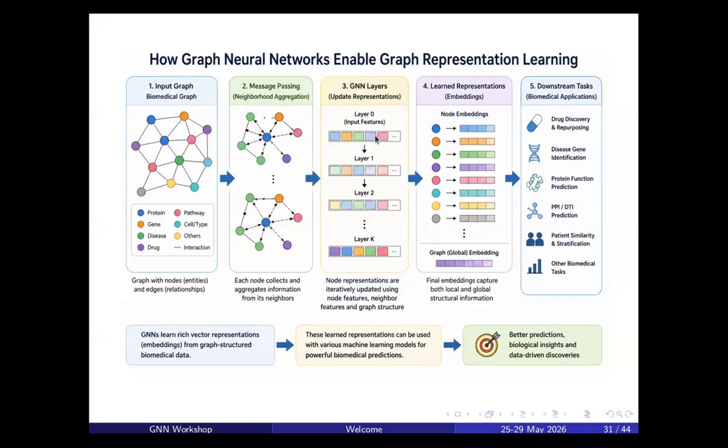At layer 0, we have an input feature. At layer 1, this will be updated through a neural network. For each node, this feature will pass through this node embedding by collecting the information from other neighboring nodes and get a new embedding. So aggregation and transformation, there are two steps happening.